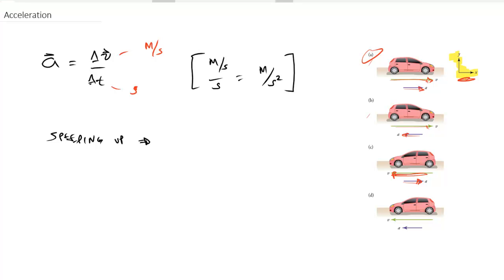In case D, however, we have a velocity to the left, a negative velocity, and we also have an acceleration to the left, so a negative acceleration. These two together cause the car to speed up. It's speeding up in the negative direction, but nonetheless it is speeding up. Its velocity is becoming more negative, which is what we would say is speeding up.